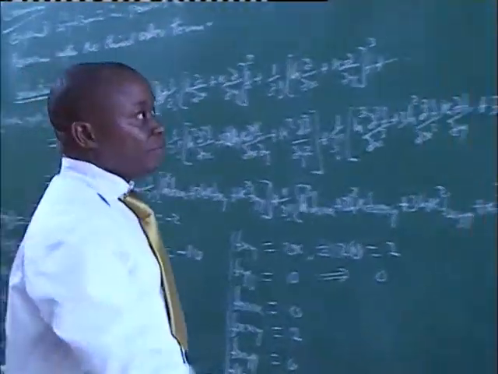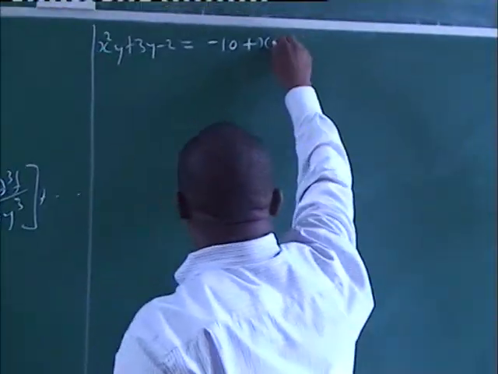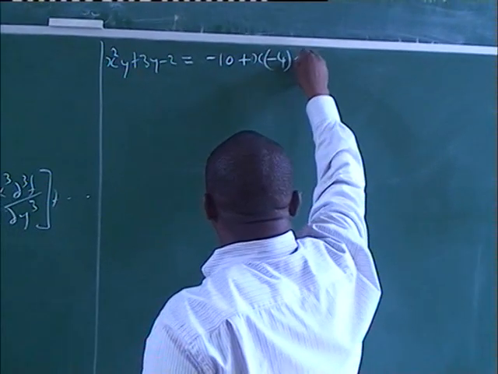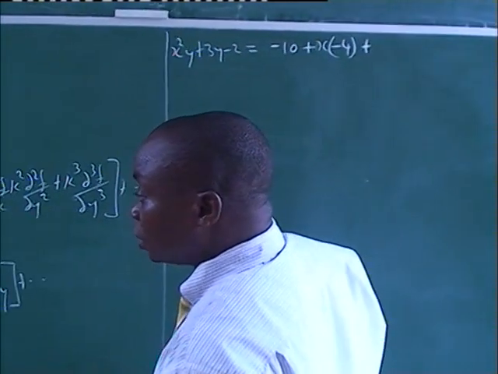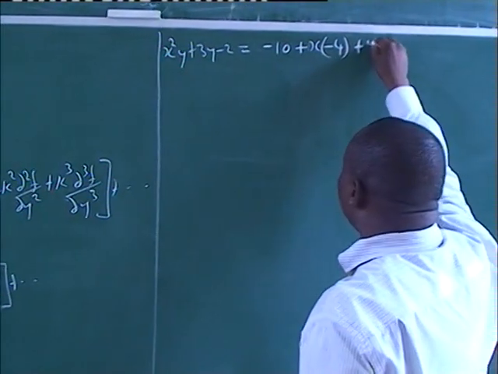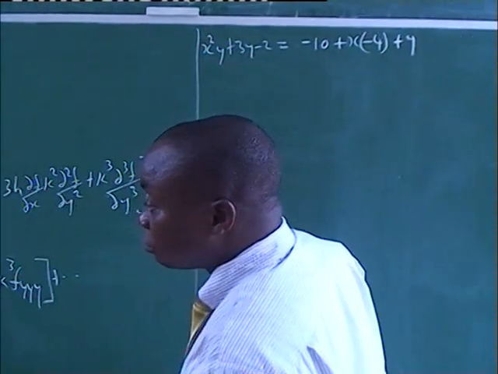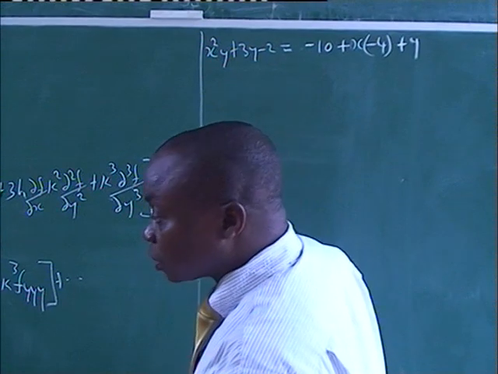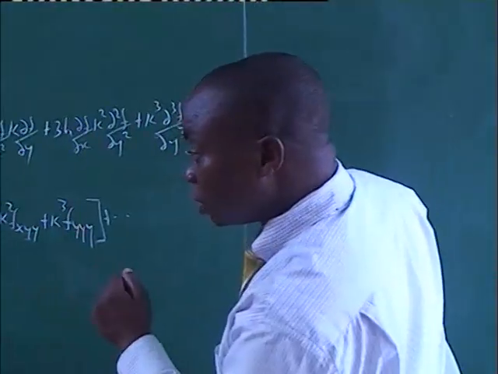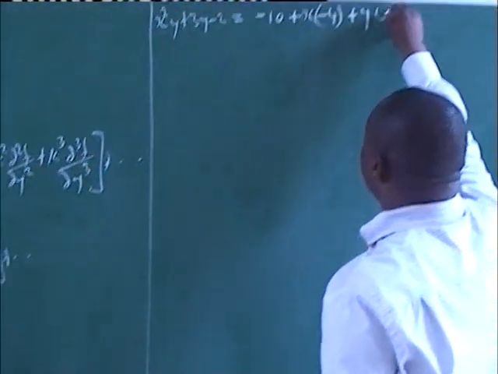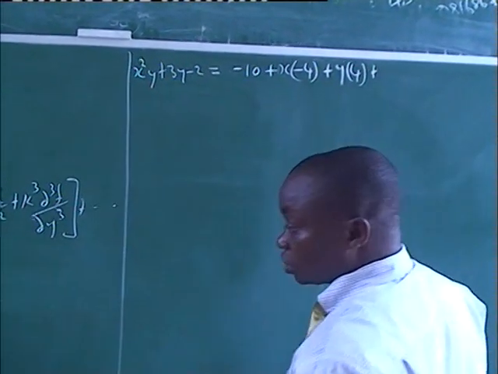Minus 4. So I will now put minus 4 plus. Next one here is k, and then k is y. Then I have the partial derivative of f with respect to y. That gives me 4. So I have 4 plus.